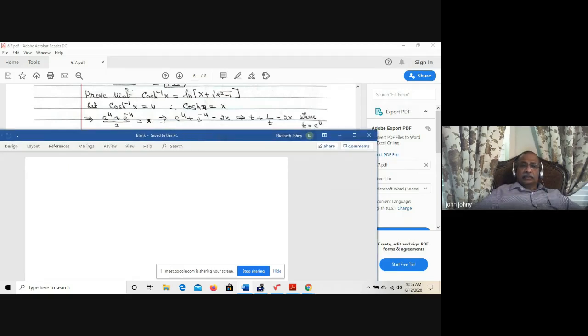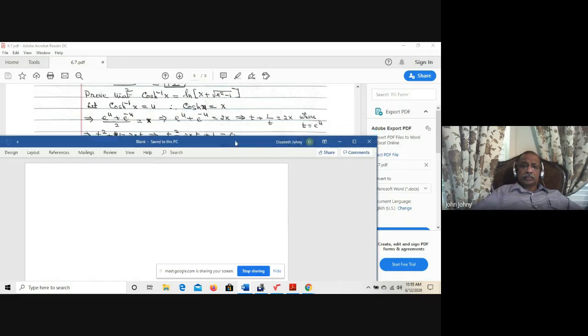That means, by the definition of the cosech function, 2 over (e to the u plus e to the negative u)... e to the u plus e to the negative u divided by 2 is equal to x. Multiplied by 2, e to the u plus e to the negative u is equal to 2x. Let e to the u be equal to t. So e to the negative u is 1 over t.